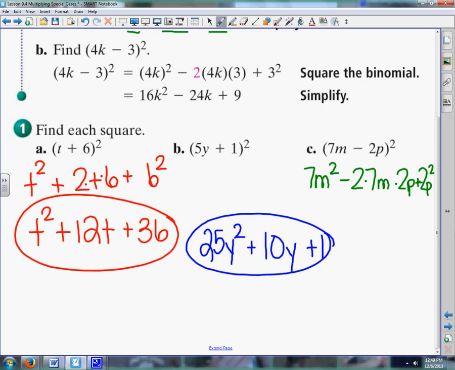So my answer would be 49m squared minus, now this is 2 times 7 times 2, so that's 14 times 2, which is 28. So minus 28mp, and then plus 4p squared. So there's my answer.